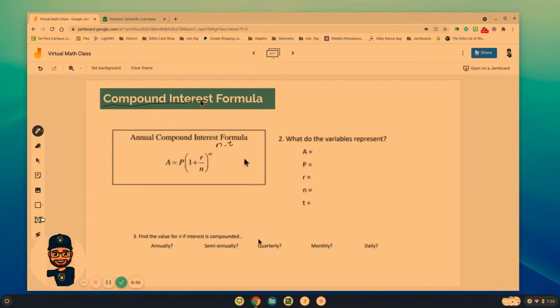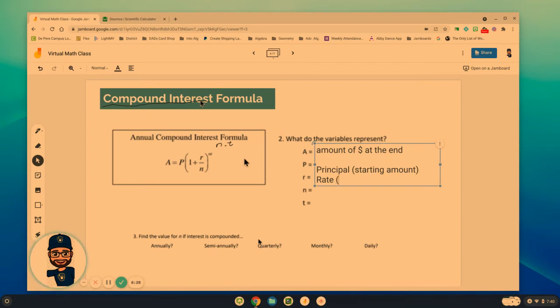Let me type this. I think it'll be nicer if I type. This is our amount of money at the end. And P is the principal or the starting amount. R is the rate, which is your percent as a decimal. We've got to make sure it's a decimal.